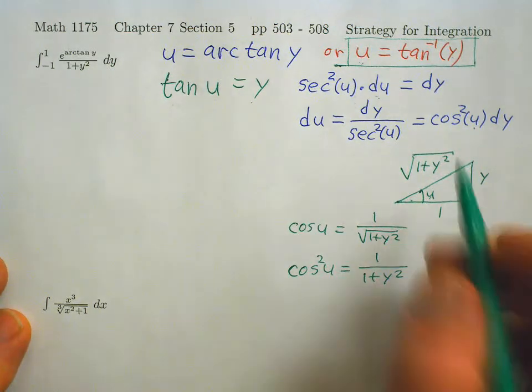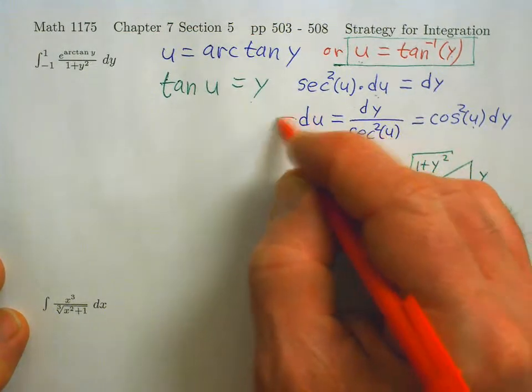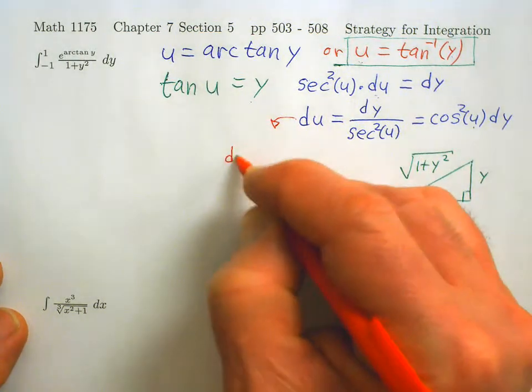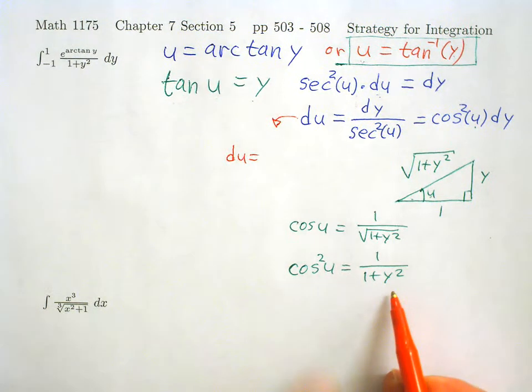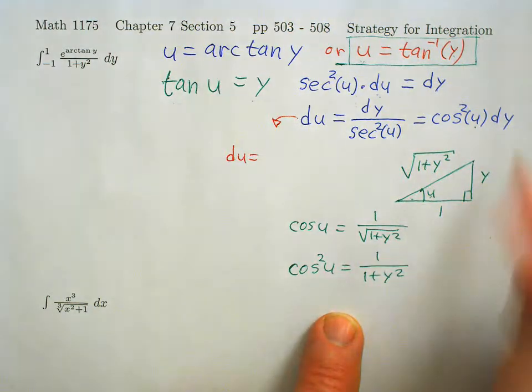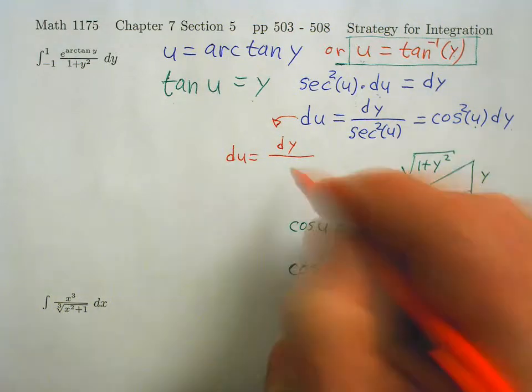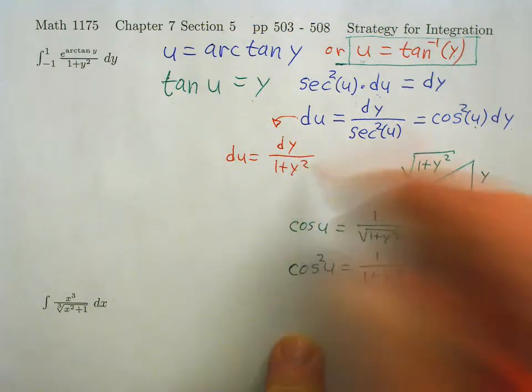Okay, so du then, that's what we want. du is 1 over 1 plus y squared dy. I'll just write it as dy over 1 plus y squared.